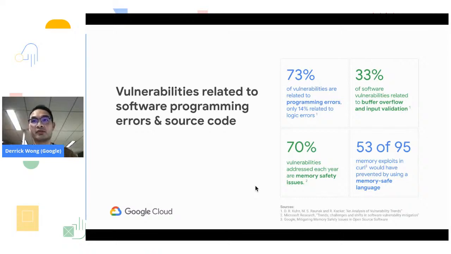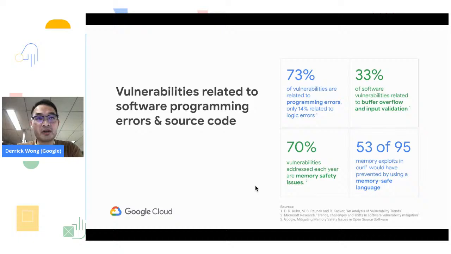this is some figures trying to tell you the choice of selecting a programming language actually matters. Some languages are memory safe, some are not. For example, C or C++, they are not memory safe languages.